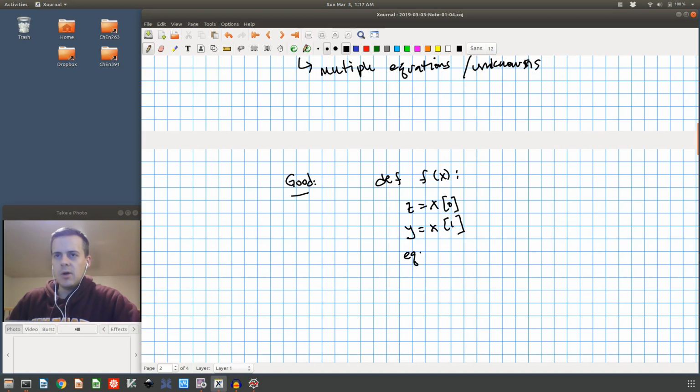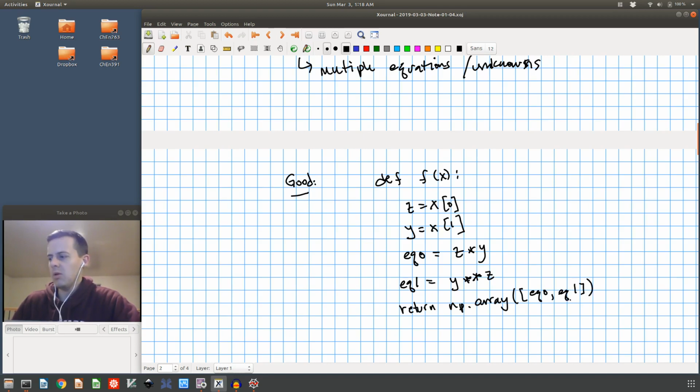And I could make equation 0 equal to z times y. I'm just making stuff up now. And equation 1 could be y to the z. And then I would return a numpy array, numpy.array, parentheses, square bracket, equation 0, equation 1. So that's a good example.